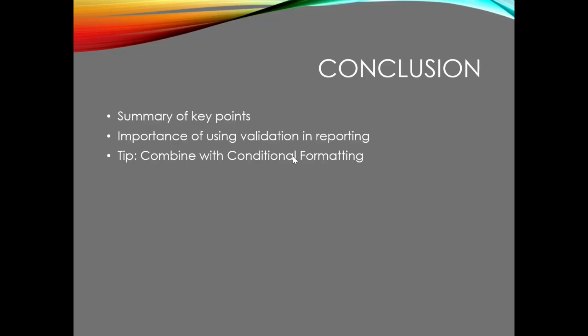Let me summarize once again. Data validation is used where we can restrict and prevent the cell. Suppose a salary column: if I set the salary to be between 5 and 10, you can enter only 5 to 10, not more than that.